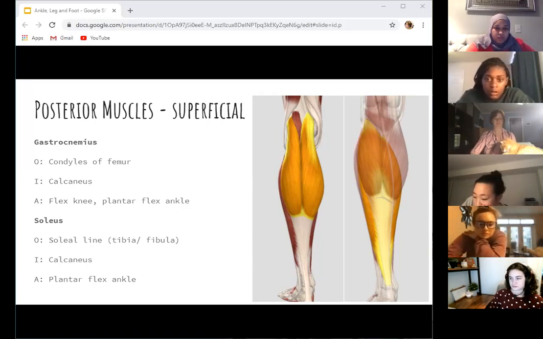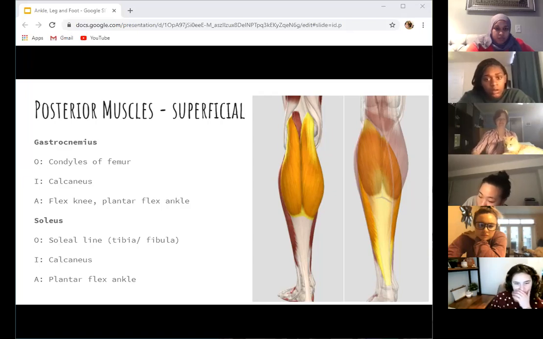When doing some research for this class, when I was looking up the soleus muscle, one thing I learned that was interesting is this muscle is deep to the gastroc. So if you're looking at the slides, the muscle set on the left is the gastroc, and the one on the right that's deep to that is the soleus.